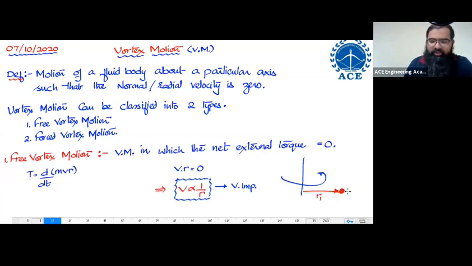This fluid element, let us say, is having some tangential velocity. That velocity is equal to v1. About this axis the fluid body is rotating, and at a distance of r1 from the center, I am having a fluid particle. Let us say its tangential velocity is v1. The value of this v1 has to be inversely proportional to r1.